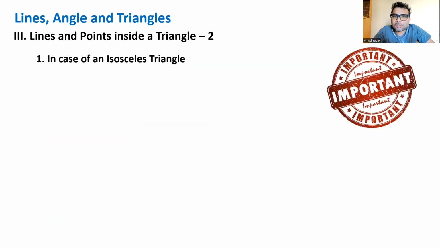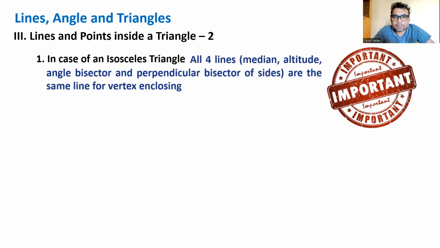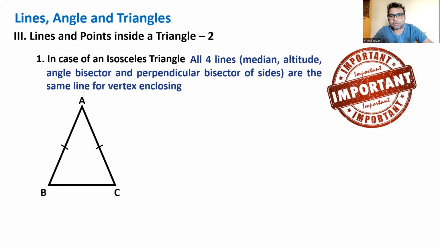Now, in case of an isosceles triangle, all the 4 lines are the same line for the vertex enclosing the equal sides. Check this. If I draw this median, it is altitude, angle bisector, perpendicular bisector, everything. So if I draw another median, that will be the centroid, the meeting point of the medians. Yeah, one more revision is happening.